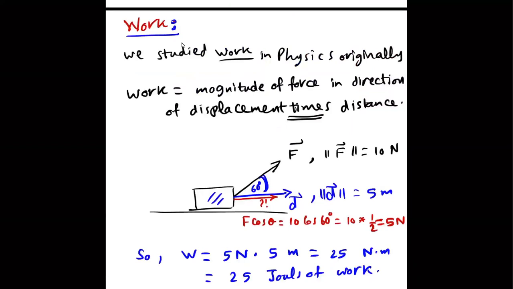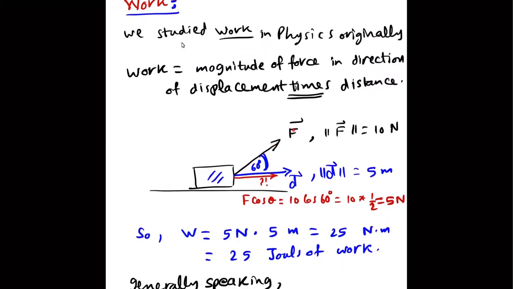We are used to this for constant forces, in the same direction as the displacement, or in the opposite direction of the displacement, or making some angle with the displacement. We are used to this to calculate the work done by this force to make this displacement by multiplying the component of F along D, or by computing the dot product of F with D, as a scalar product of vectors, which means we get a scalar quantity, which is the magnitude of F times the magnitude of D times cosine theta.